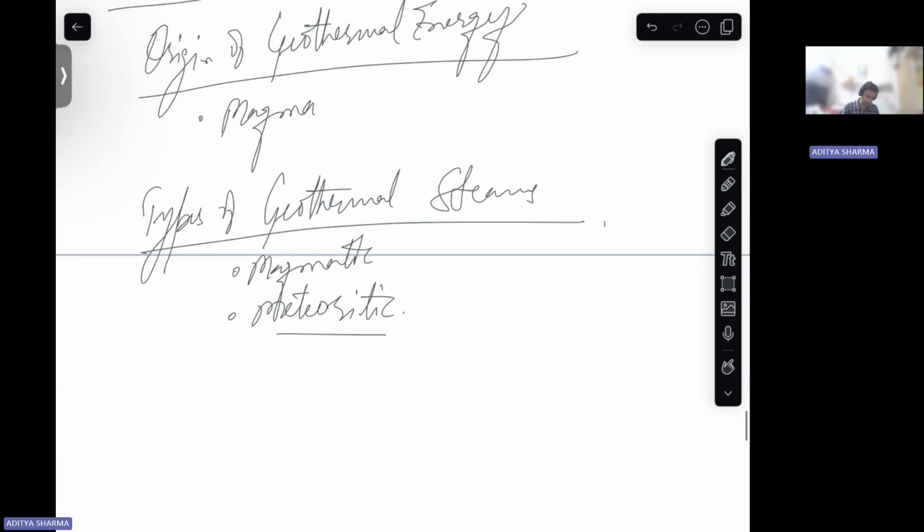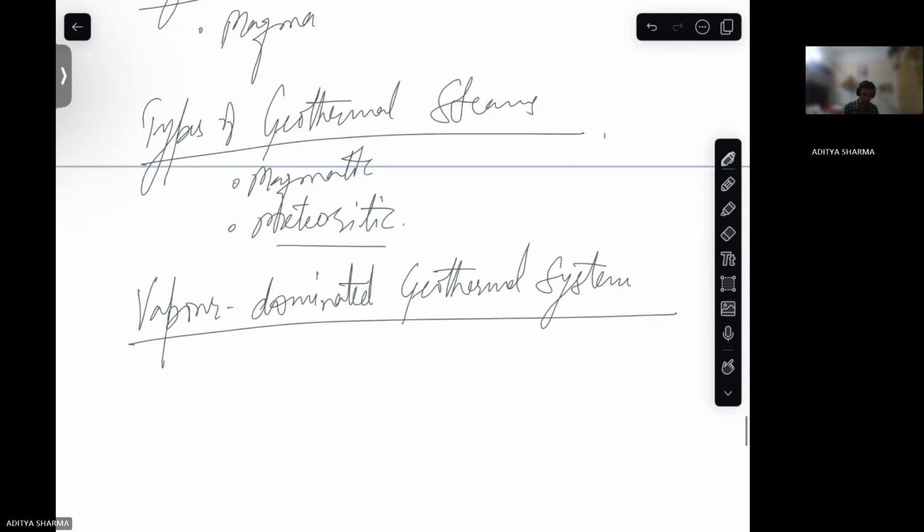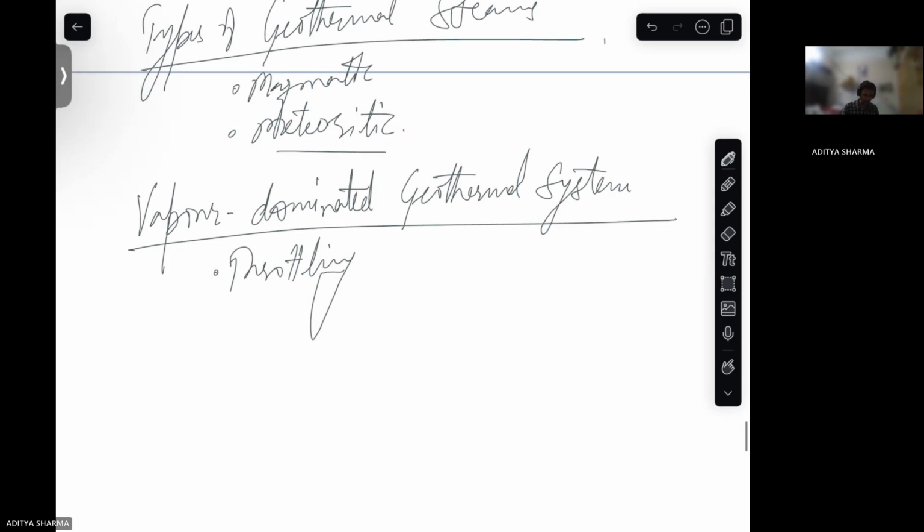Then there are two other topics: vapor dominated geothermal system. Then is your liquid dominated geothermal system.